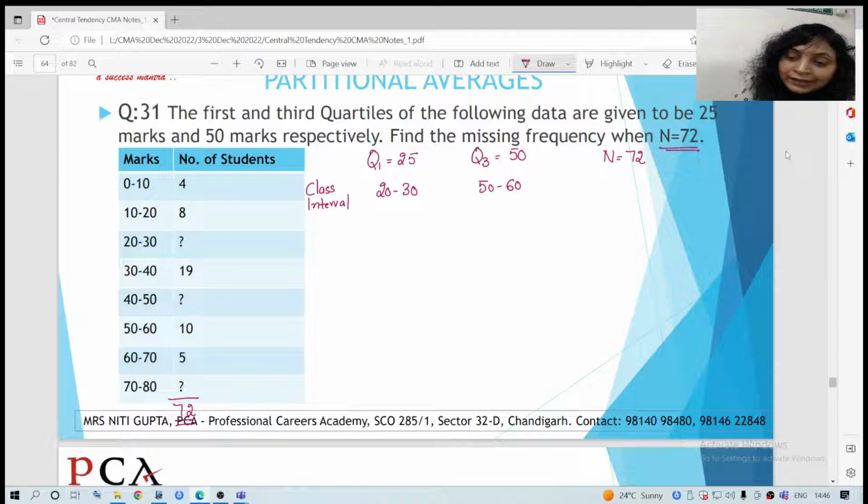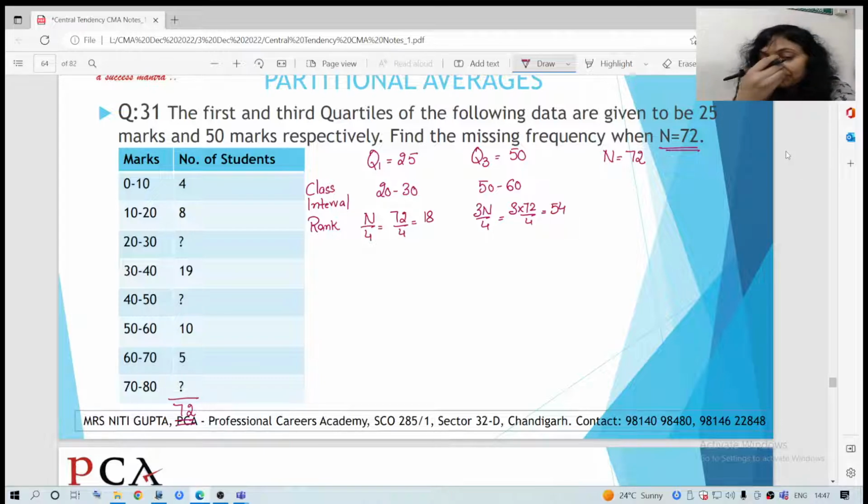Then next, the rank of Q1 is n by 4, so 72 by 4, that is equal to 18. And for Q3 it is 3n by 4, that is 3 into 72 by 4, which is equal to 54.